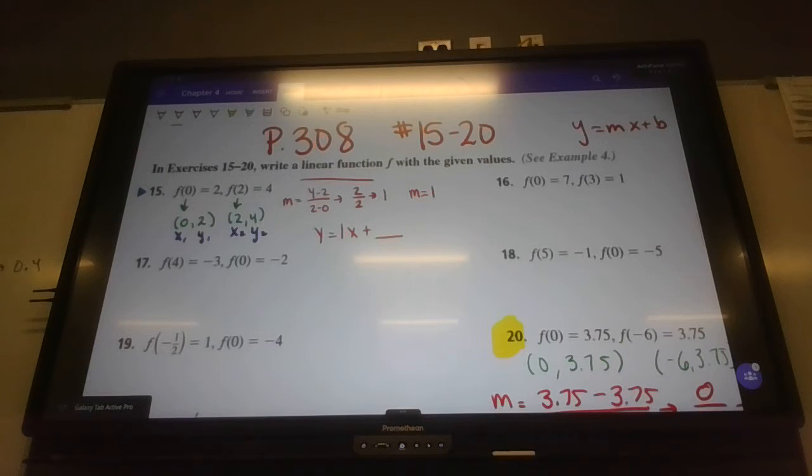Everybody on page 308. 308. Alright. Brody, do you know what the b value is going to be? What am I going to put in the blank? It's the one that pairs with the 2, or with the 0. It's going to be the 2.